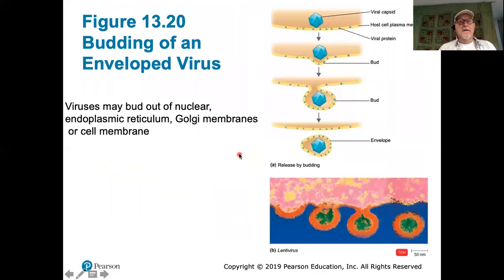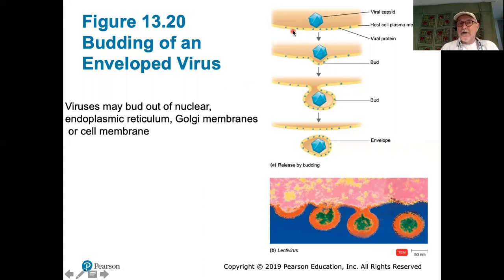So at this point, it's actually a good point to mention that similar processes can lead to the release of virus. For example, very frequently, that envelope that we see around enveloped viruses is acquired by budding of host membrane.